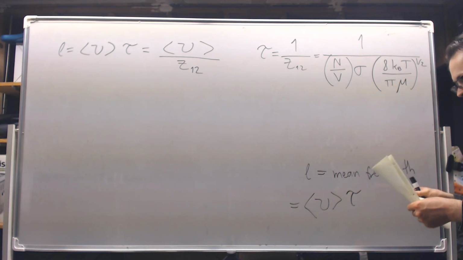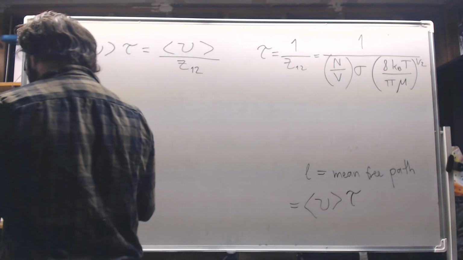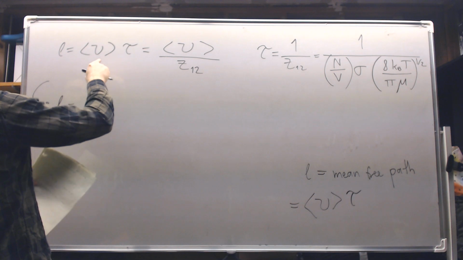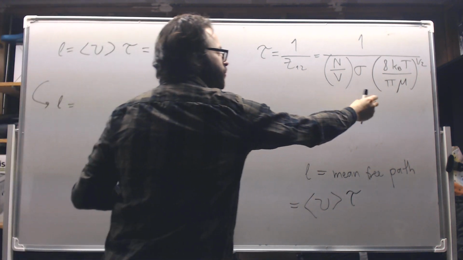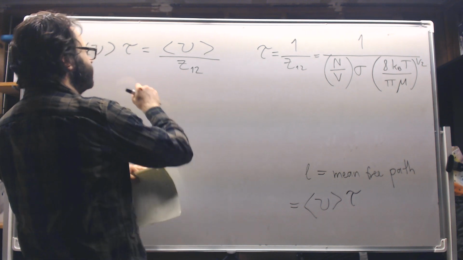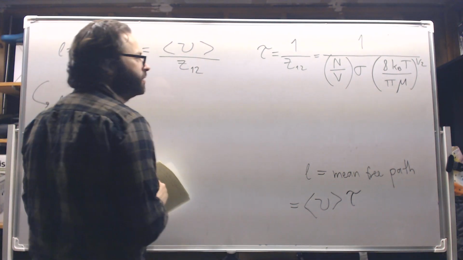And so that's the collision time, and so this leads to the mean free path. Therefore, the mean free path is the average speed times what? This was also the average speed, right? And so the average speed should cancel the average speed.